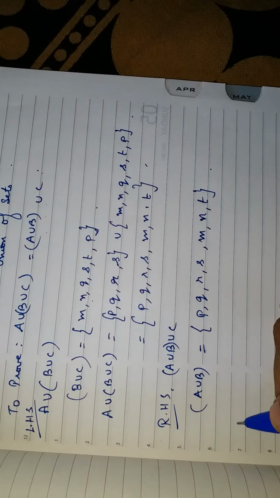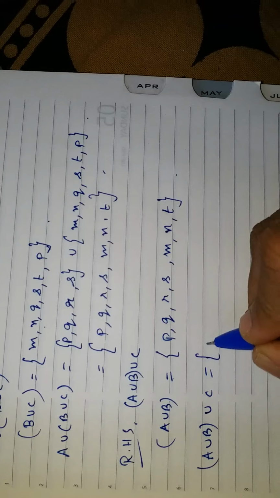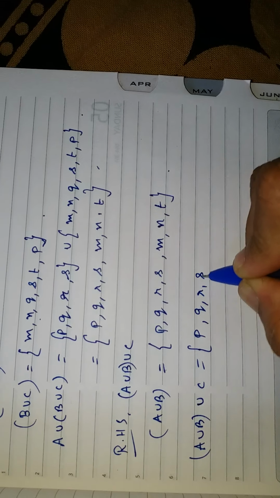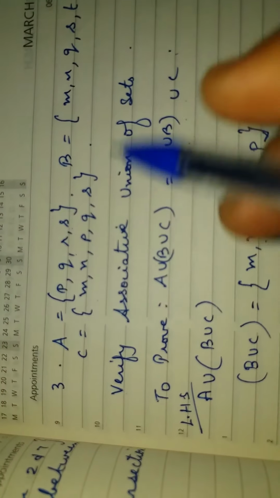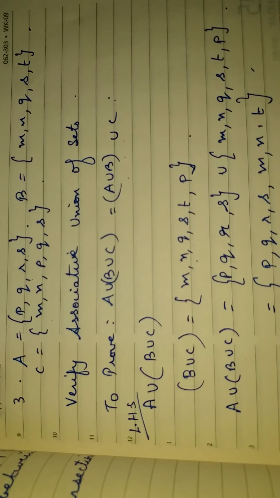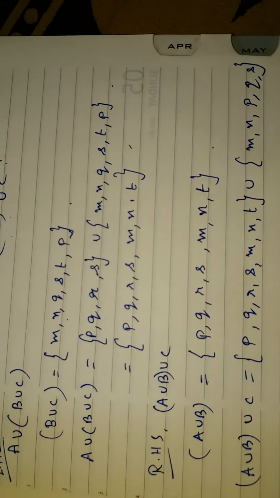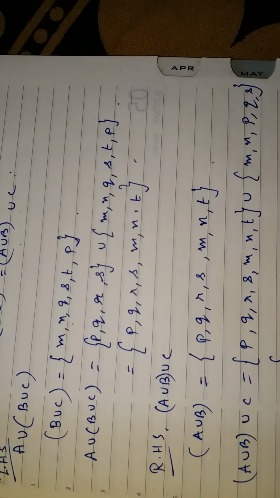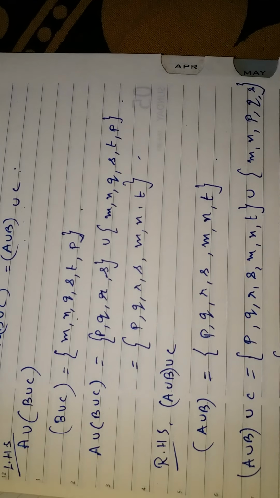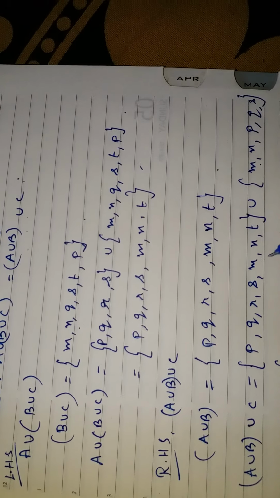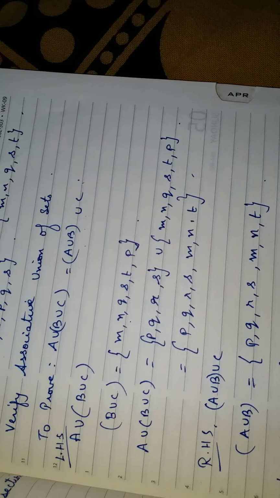Next is (A union B) union C. It is equal to, write what A union B is: P, Q, R, S, M, N, T, union what are the C elements? M, N, P, Q, S. So it is equal to, write all the elements without repetition: P, Q, R, S, M, N, T. M you have here, N you have, P you have, Q you have, S also you have, that is all.